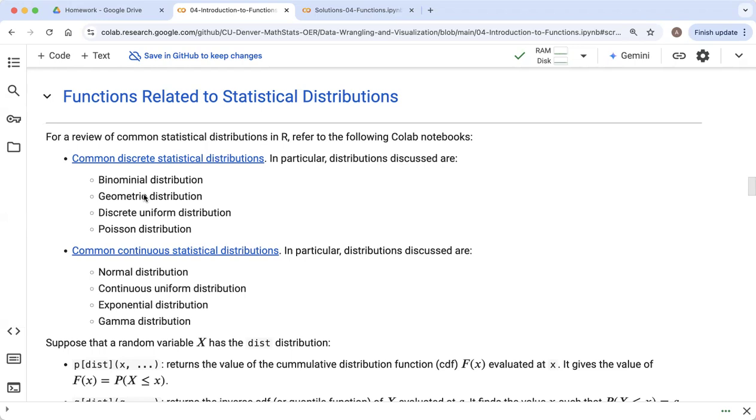And I would say out of those, by far the most common distribution that we would want to work with would be the normal distribution, since that's what comes up when we're doing things like sampling distributions in the central limit theorem. But in any case, if you want a deeper understanding, a deeper background on statistical distributions, feel free to look through those materials.